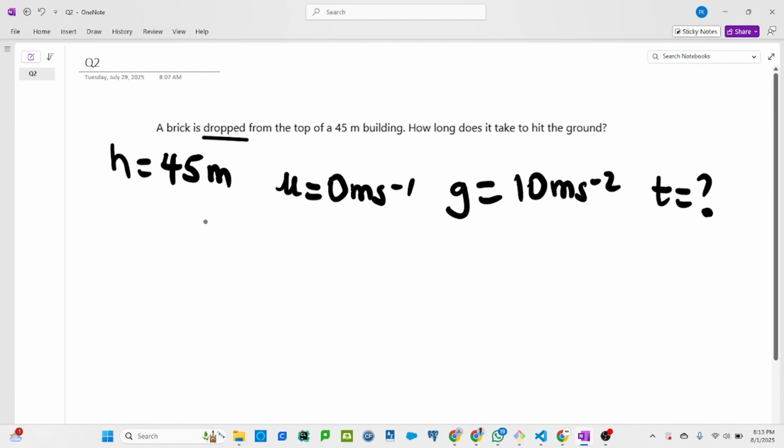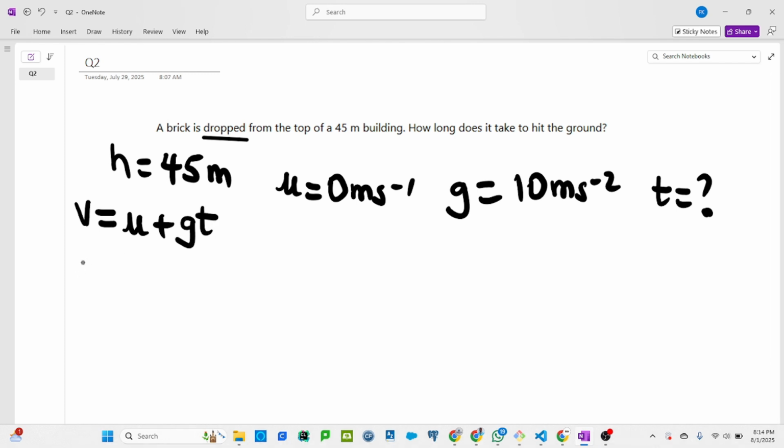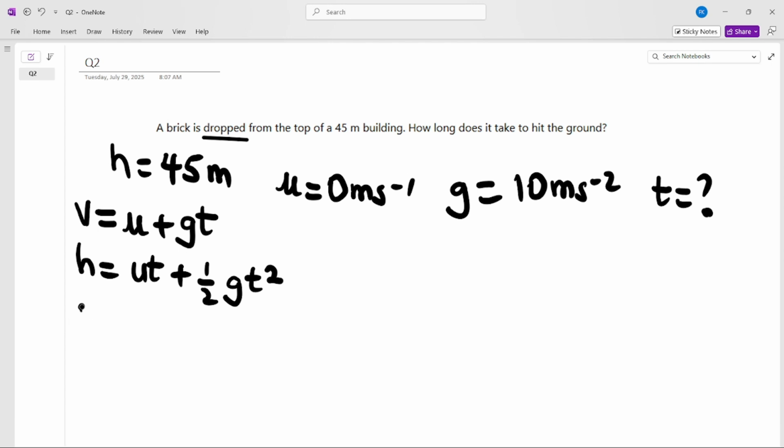So we have the first one to be v is equal to u plus gt. Then our second one we have h is equal to ut plus half gt squared. Then our third one is v squared is equal to u squared plus 2gh.